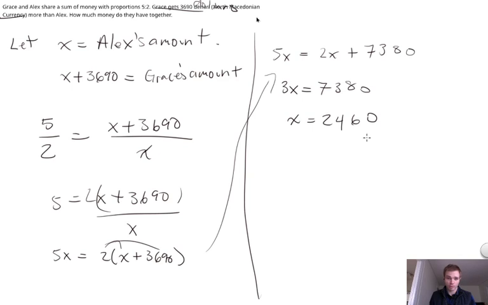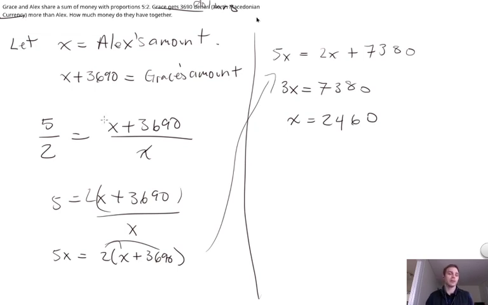So, where are we at? All right, so now how much money do they have together? This is an important thing. I solved for X, and usually when I solve for X, we're done. But really, no. What they asked was how much money do they have together?